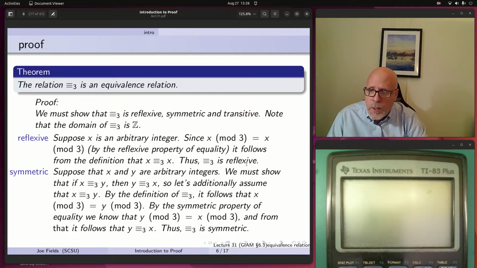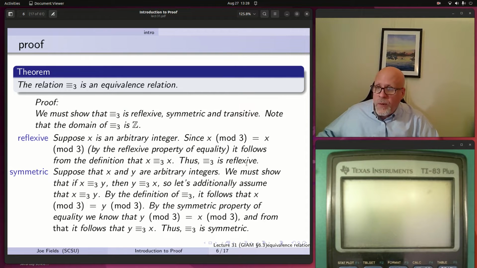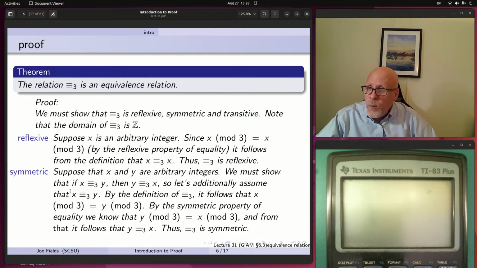The next bulleted item is that we're going to verify that this relation has the symmetry property, or that it is symmetric. Here we're going to need two universally quantified variables, so we begin by saying, suppose that x and y are arbitrary integers.